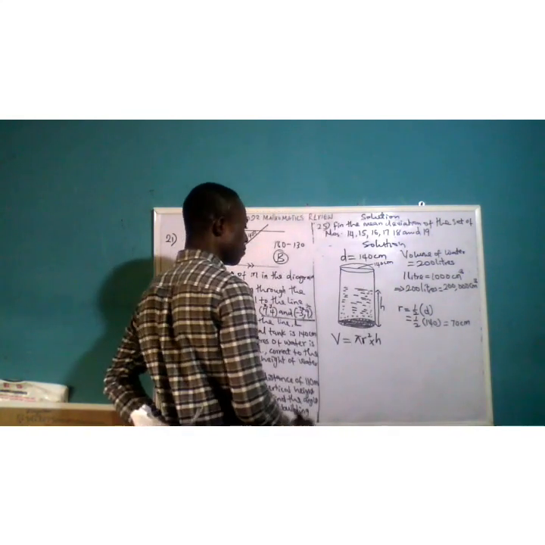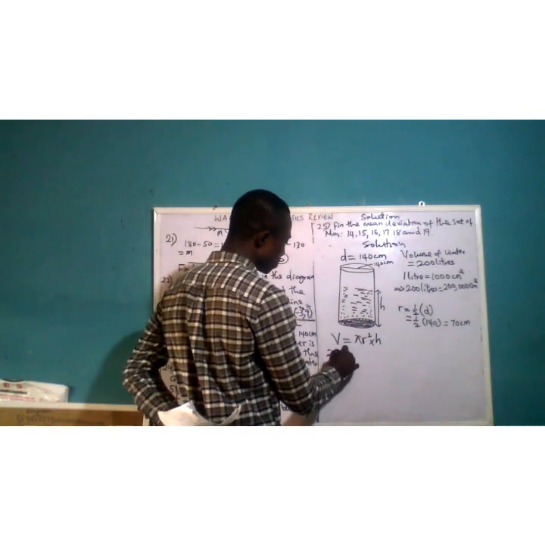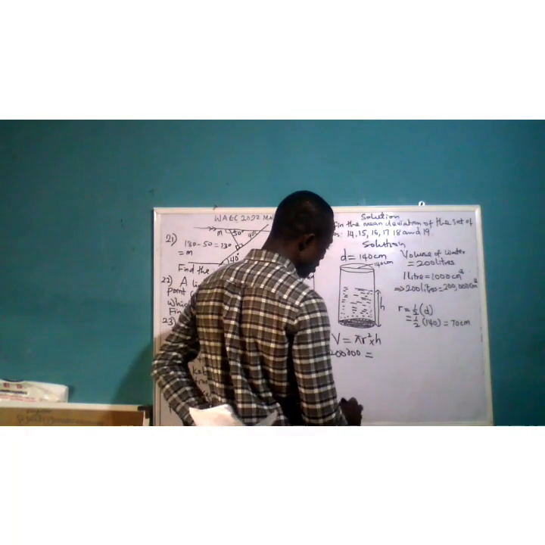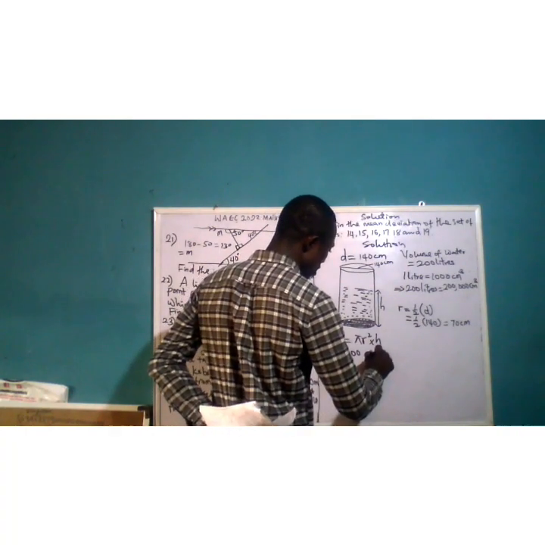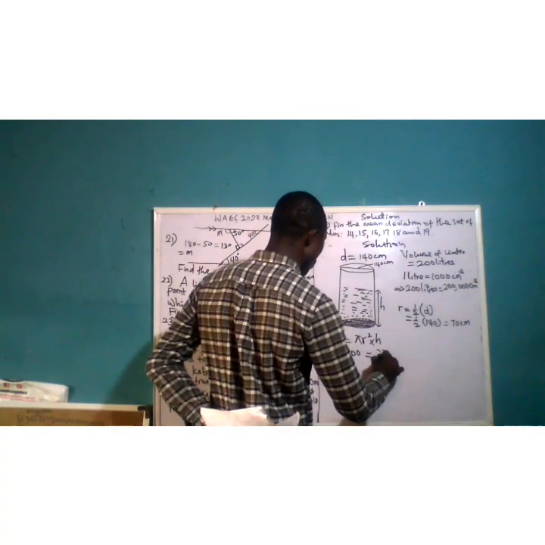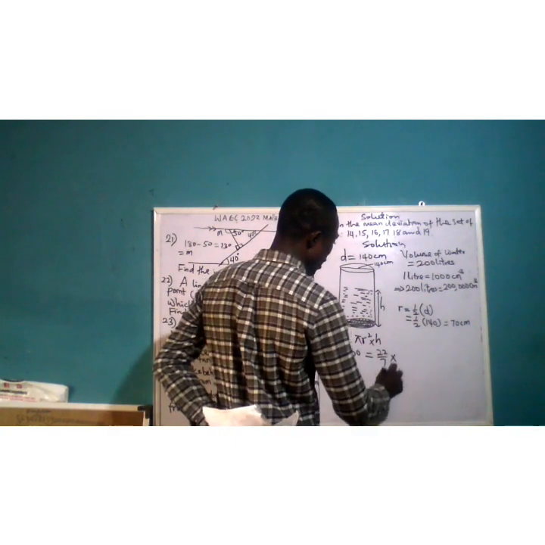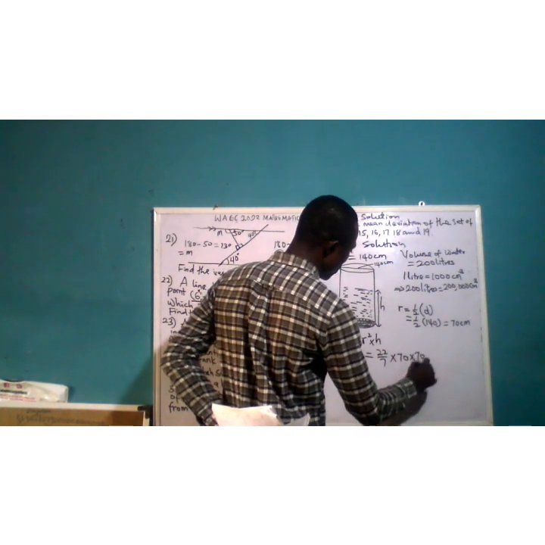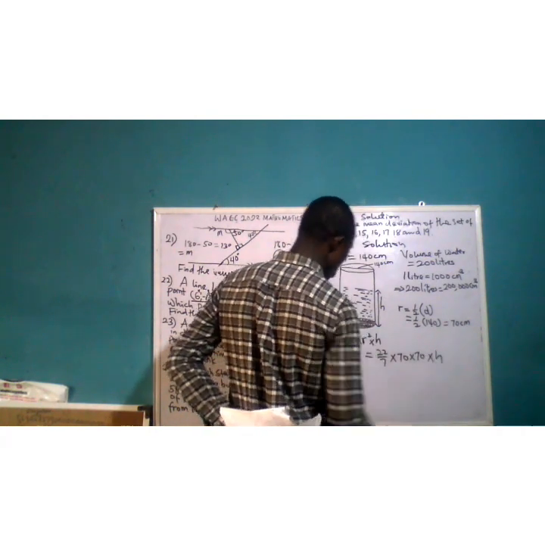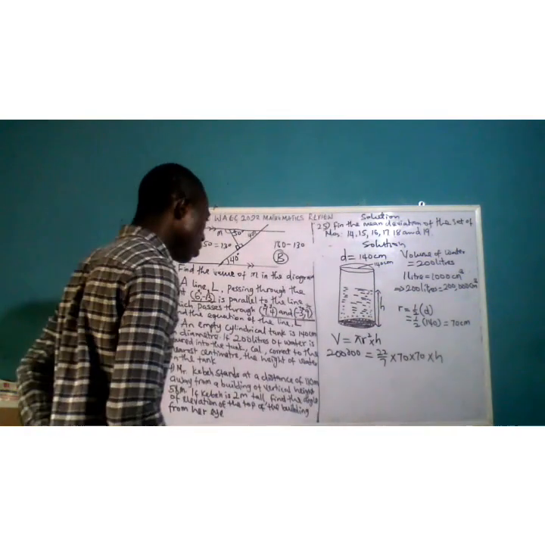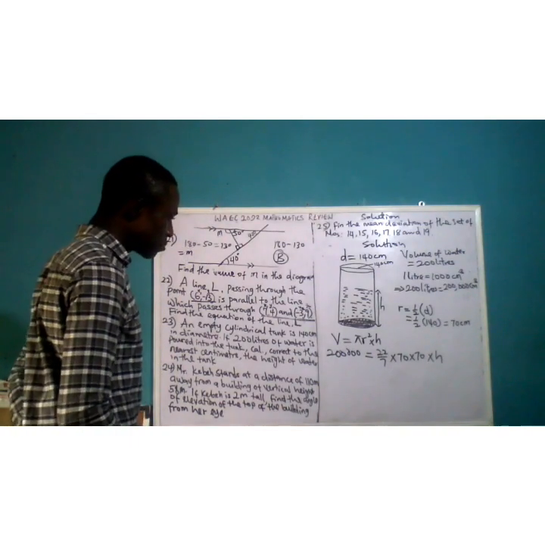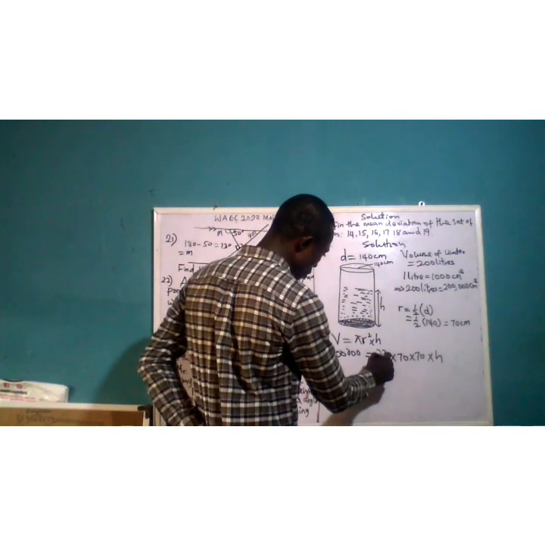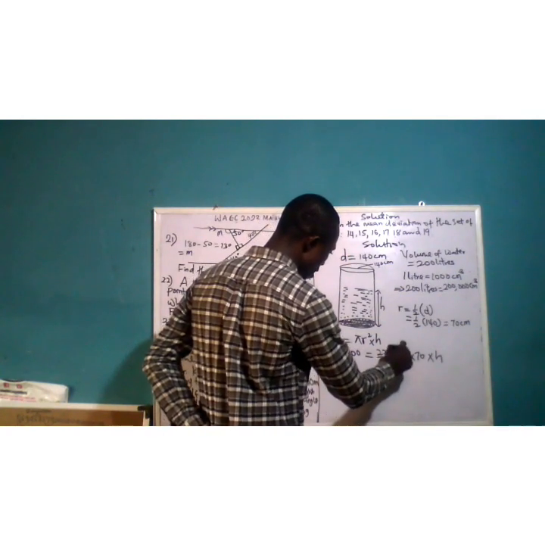So let's insert now. The volume is 200,000 centimeter cube. Then pi is given to us as 22 over 7 multiplied by r squared, which is 70 times 70, then multiplied by h, which is what we are looking for. Yeah, 7 can go here 1 and 7 here 10.